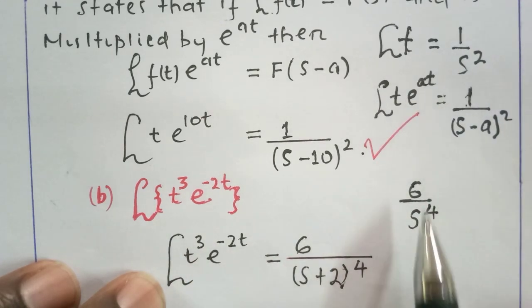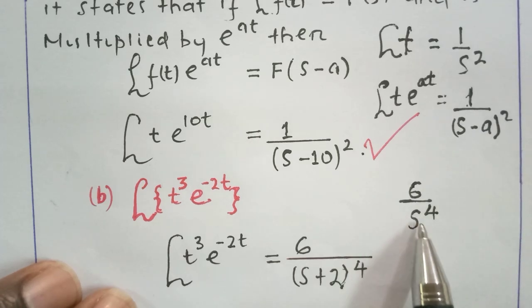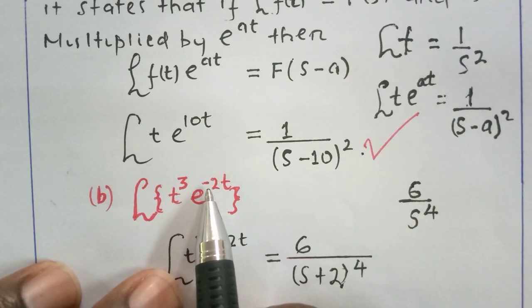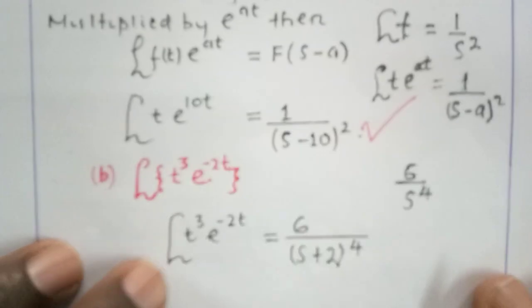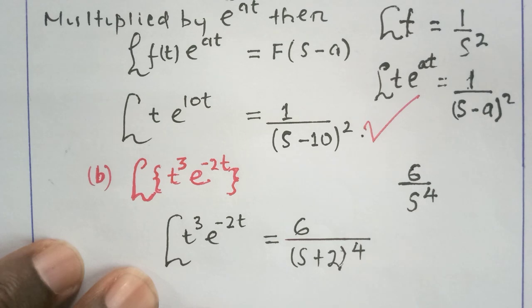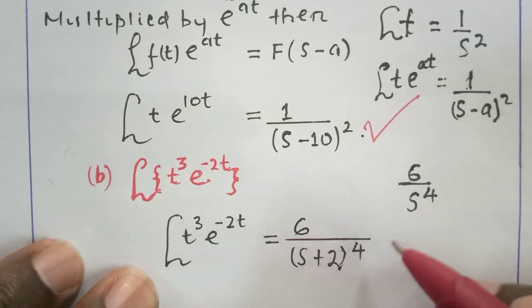So now we do the same: where we have the s, we put negative 2, but since this is negative, we shall have positive 2. And this is what we get as our solution for that.